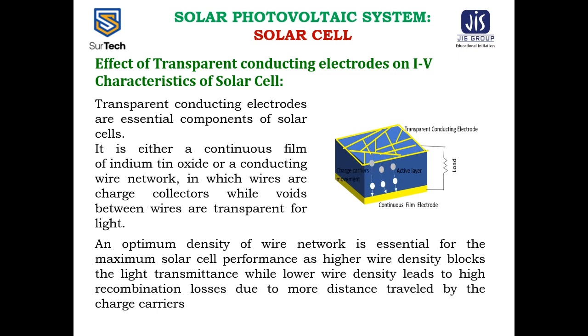An optimum density of wire network is essential for the maximum solar cell performance, as higher wire density blocks the light transmittance while lower wire density leads to high recombination losses due to more distance traveled by the charge carriers.